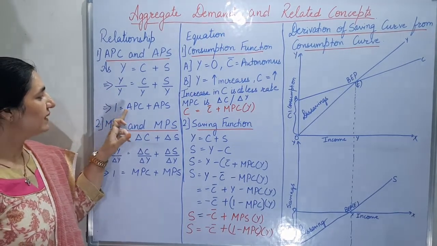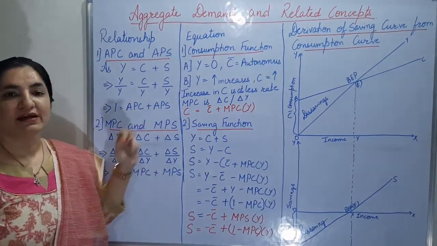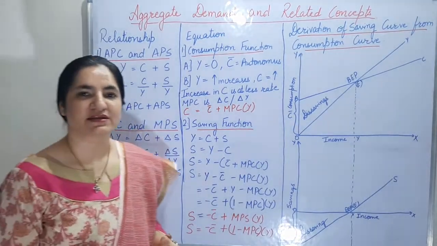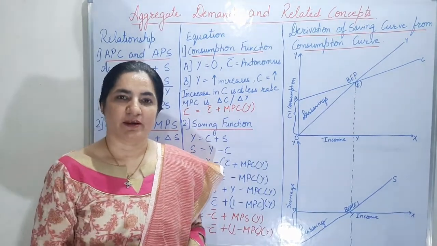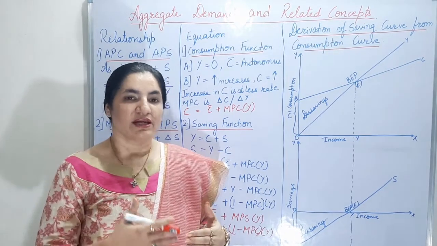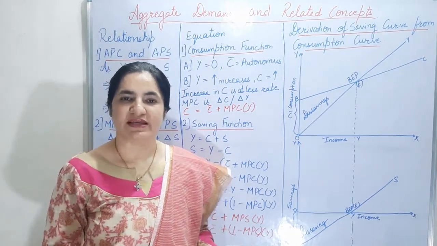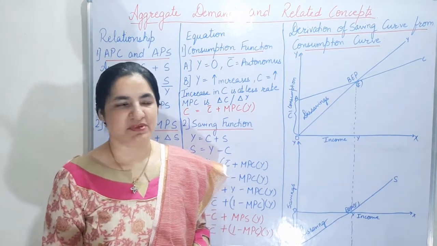So it shows that there is an inverse relationship between APC and APS. The reason is that the part of income which is consumed, the leftover part is saved, because income has two parts, either it can be consumed or it can be saved.